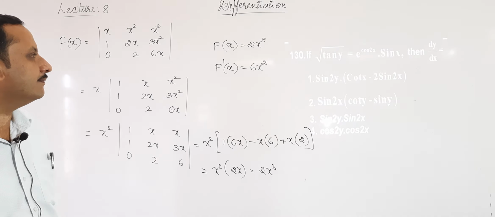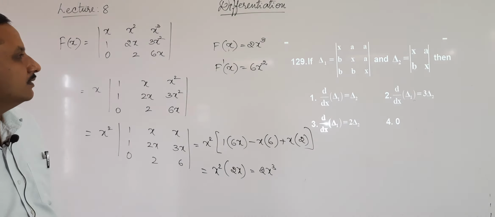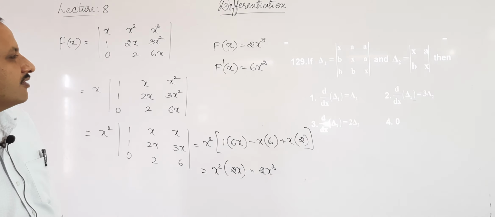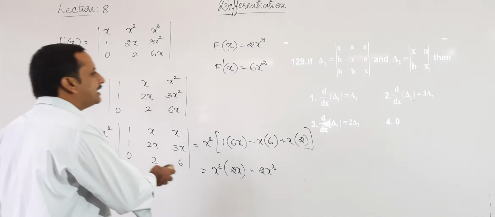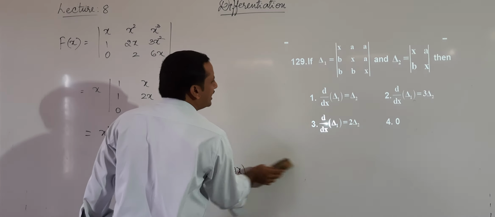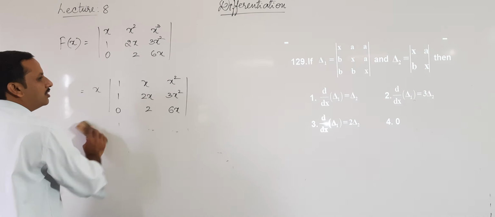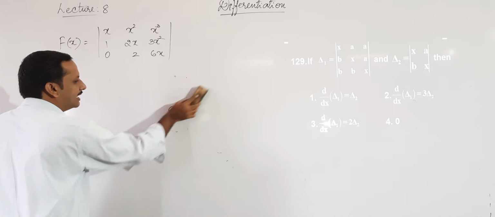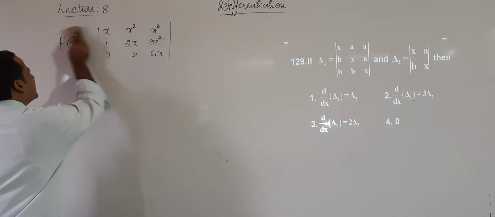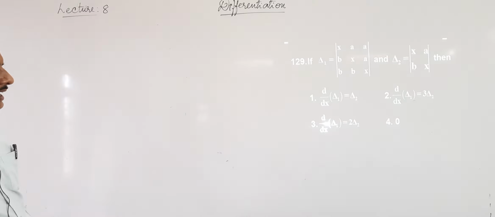Okay. Then 129. If delta 1 is equal to determinant of x, a, b; x, a, b; b, x, and delta 2 is equal to determinant of x, a; b, x, then what is d by dx of delta 1 in terms of delta 2?